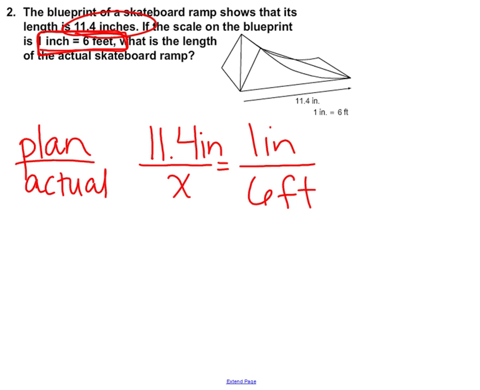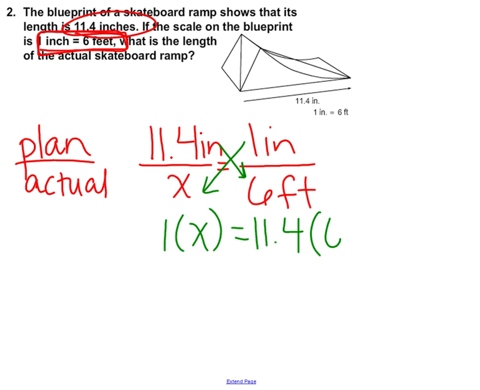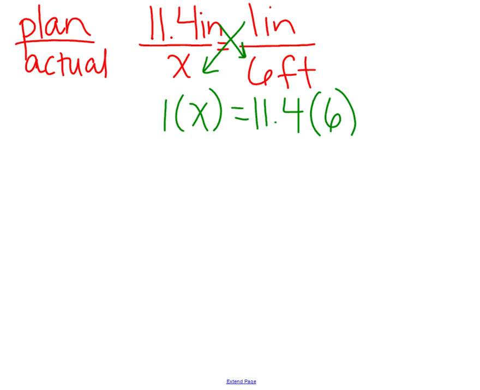Okay, now that we've set up our proportion, we can now solve the equation. So we have 1 times x, and then we have 11.4 times 6. So here we get 1x equals 68.4.